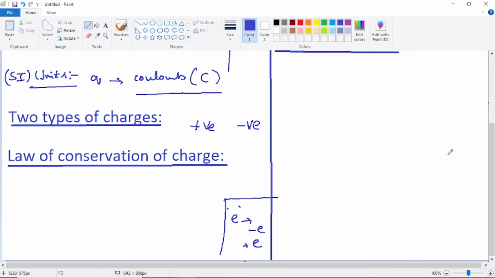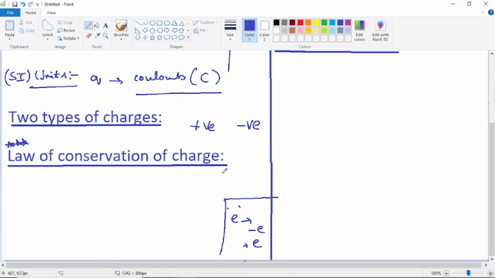Next, a very powerful law, the law of conservation of charge. Now, this is one of the most powerful laws. It's actually a fundamental law. In nature, it is found that everything can be explained with the help of three sets of fundamental laws. The first set of fundamental laws is Newton's laws of motion.